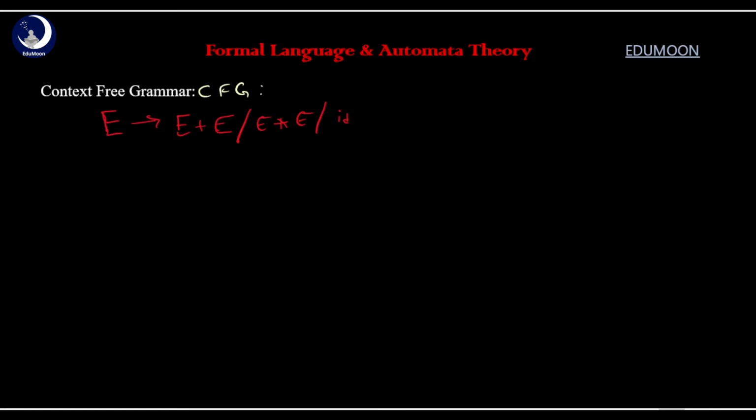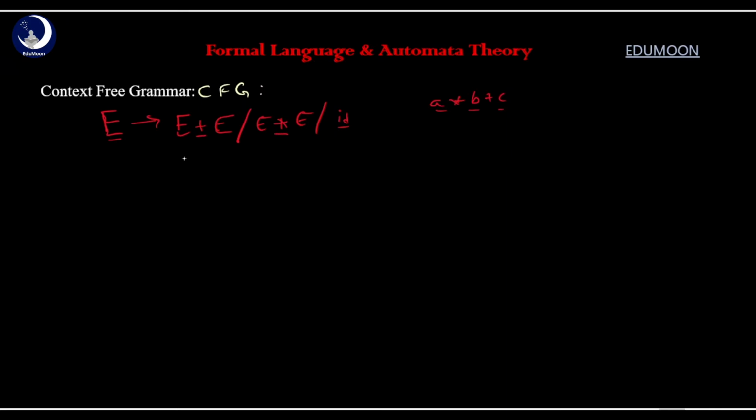This is very much used in generating arithmetic expressions in programming languages, something like A star B plus C. All these A, B, C are variables or identifiers, so simply we write ID in this grammar, which is a terminal. So here E is a variable, and plus, star and ID are the terminals.